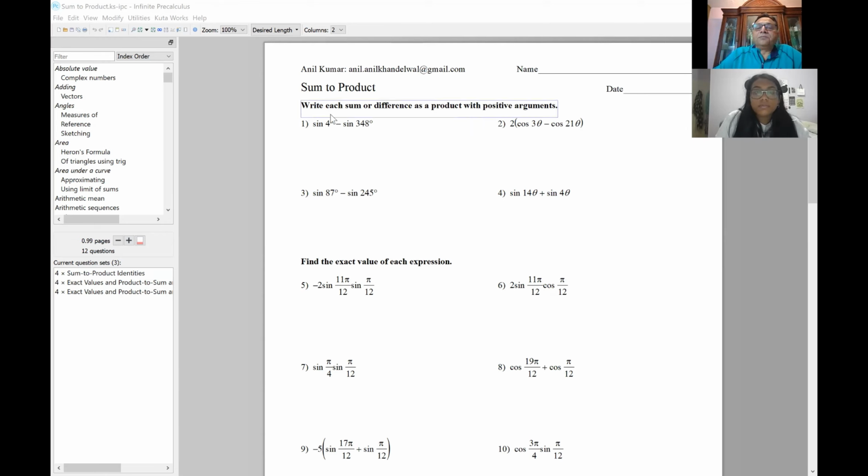Yes, we are. Is it just sine A minus sine B? Okay, so we have two angles, which is 4 degrees and 348 degrees. Can you make a combination where something minus and something plus will give you the two angles? That's the key to it. You get the idea.